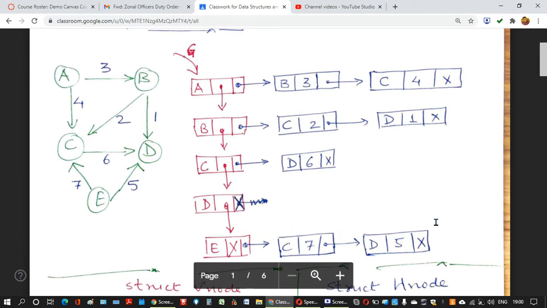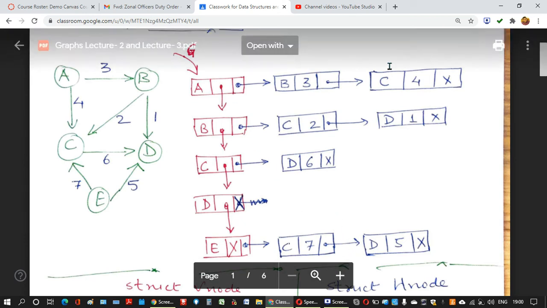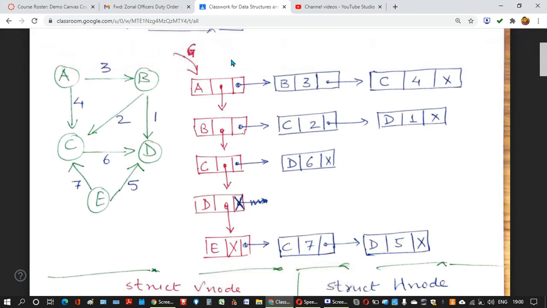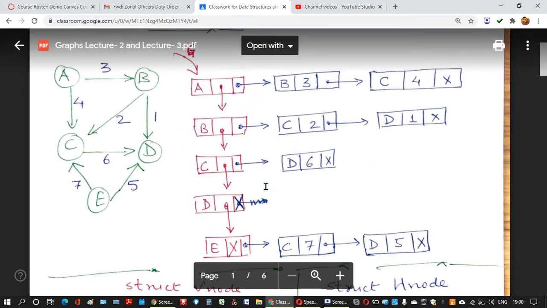The horizontal list for E is this. What the meaning of this horizontal list is, we will see. But you need to understand that this vertical list contains the list of nodes, and each node in this linked list has two pointers, one for the vertical list, one for the horizontal list.